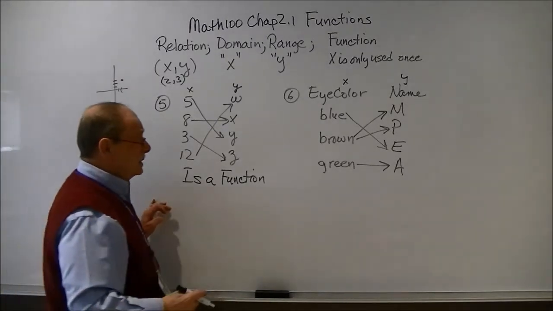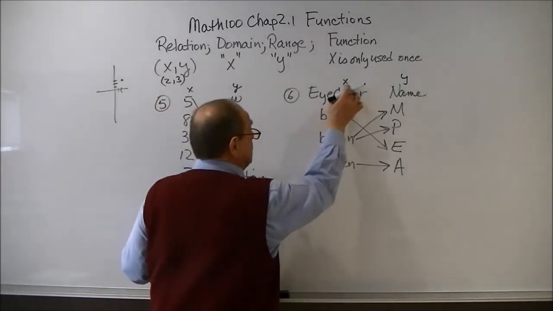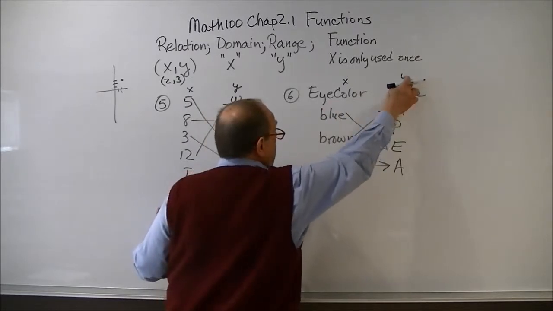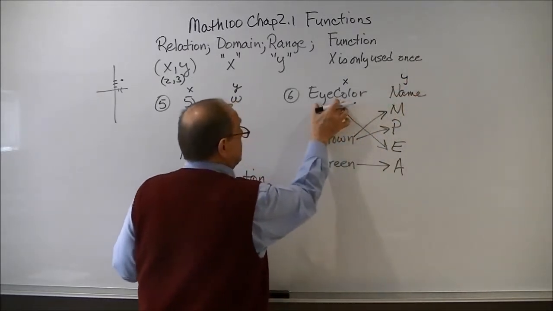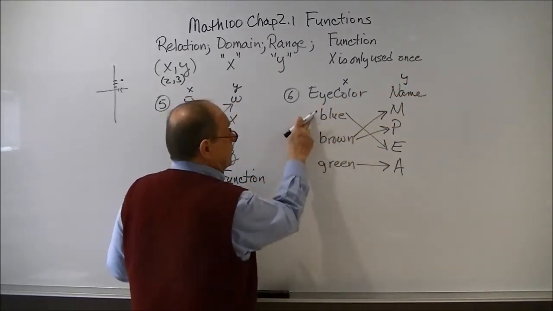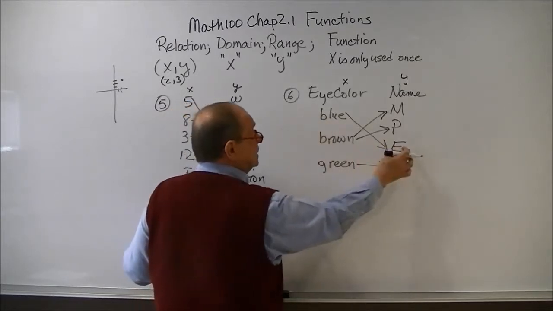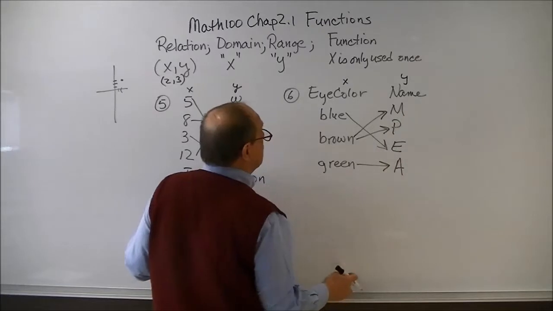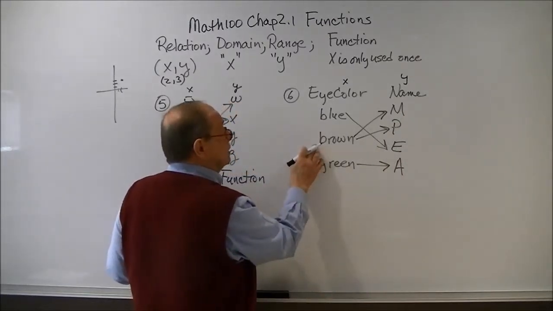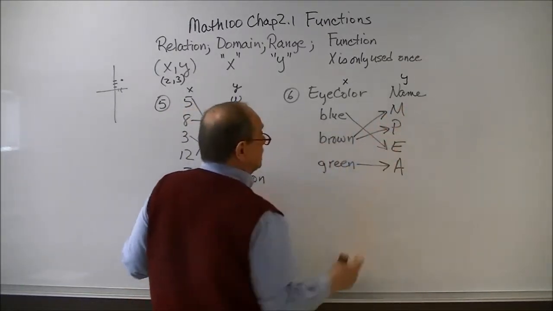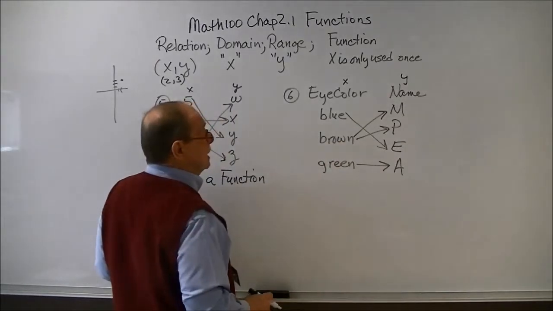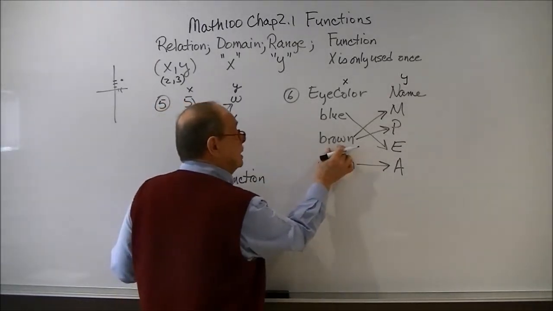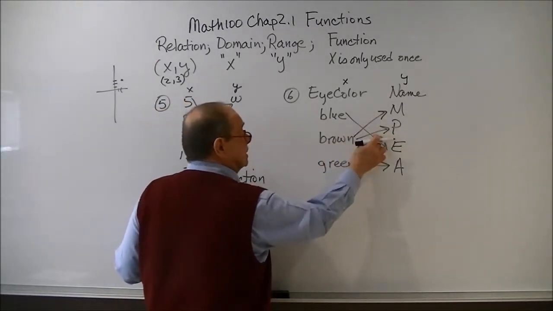Now in example 6, again, the first element would be the x, second element the y. This is the domain. Now here we see blue is paired up with someone named Elsie. Brown is Mary and Peter. They have brown eyes. So notice brown is used twice.